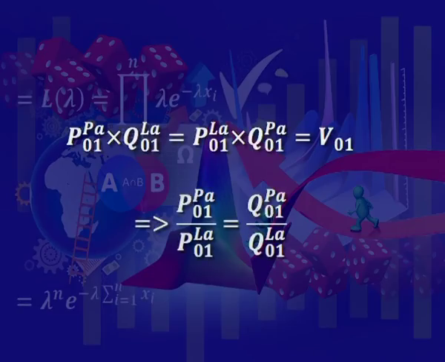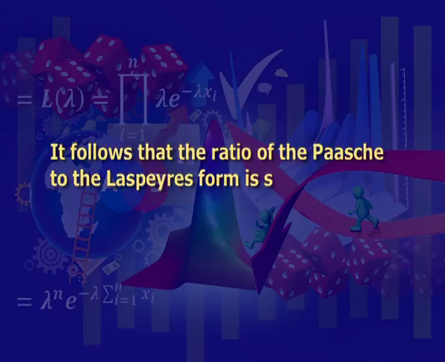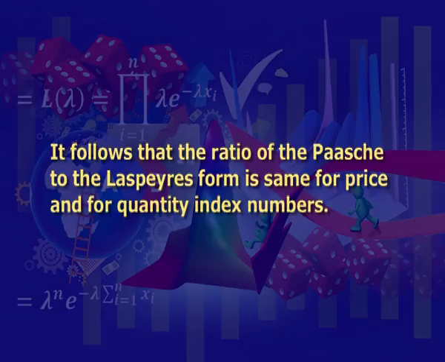Third, from the first property we have P01 PA into Q01 LA equal to P01 LA into Q01 PA equal to V01. This implies that P01 PA upon P01 LA is same as the ratio Q01 PA upon Q01 LA. It follows that the ratio of the Paasche to the Laspeyres form is same for price and for quantity index numbers.